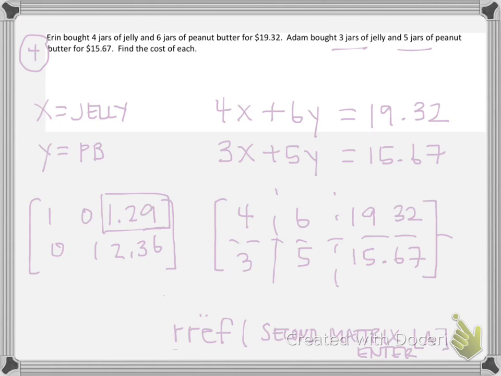We have a 1, so that represents the cost of your jelly, and this represents the cost of your peanut butter. So your jelly is going to be $1.29, and your peanut butter is going to be $2.36. Okay? Alrighty.